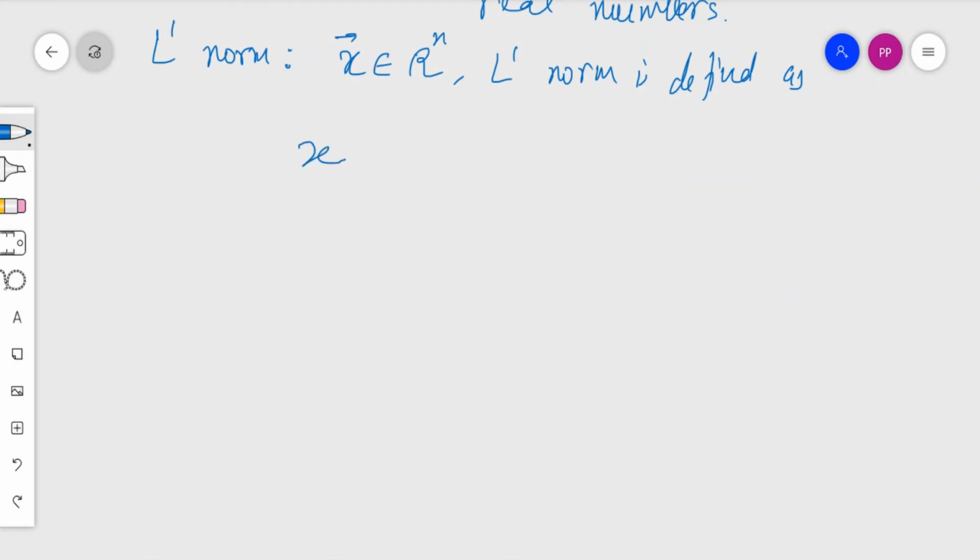We write x, then double bar before and after this, with the subscript 1, equal to sigma i varying from 1 to n, the absolute value of each element of the vector x.